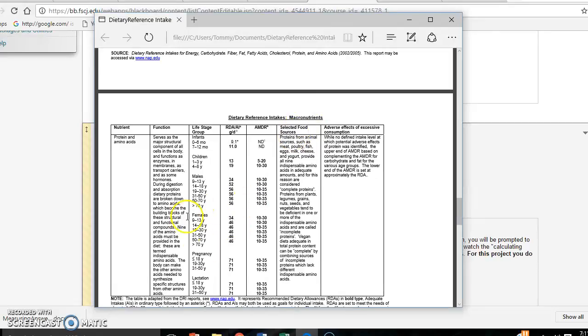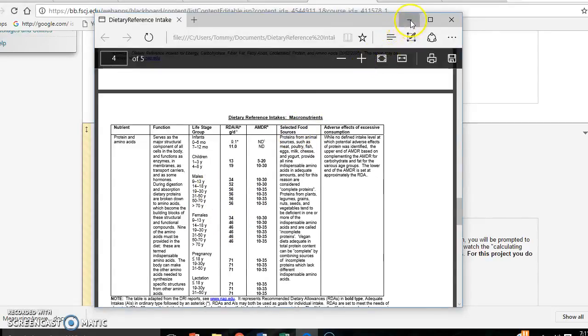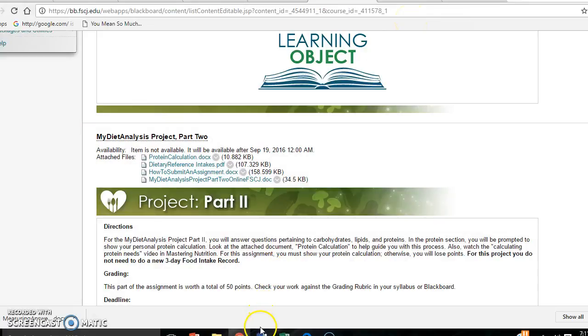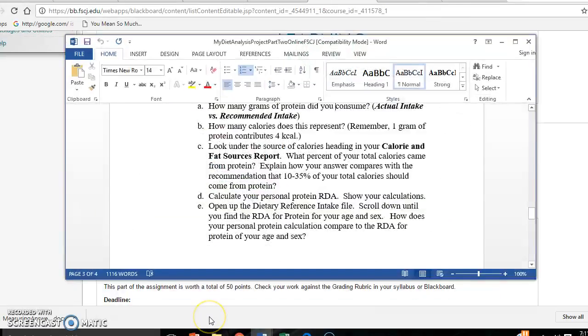Once you find your RDA for your age and your gender, you need to compare it with your personal protein calculation.